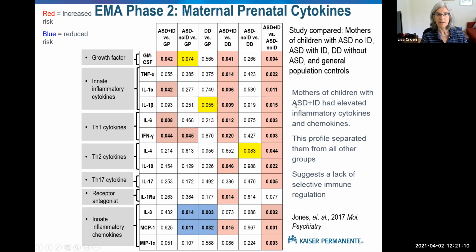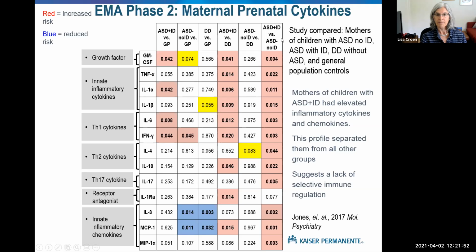What's shown here is a kind of complicated slide. Down here are the different types of cytokines and chemokines broken into these different groups of activity. And across the top are the different phenotypic groups of our children. So this is ASD with intellectual disability versus the population controls. This is ASD without intellectual disability versus population controls, and so on.